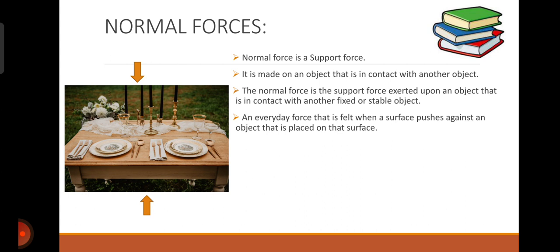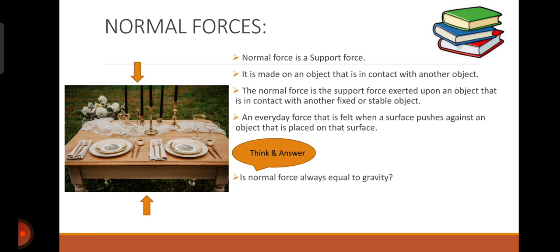No, there is gravity, but there is also a normal force which is keeping them still on another object that is stable. It is an everyday force that is felt when a surface pushes against an object that is placed on that surface. So friends, you have to think and answer the below question.